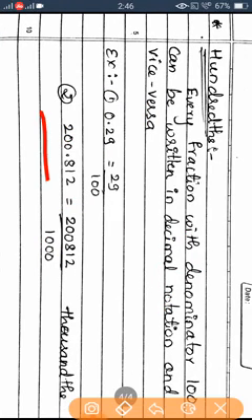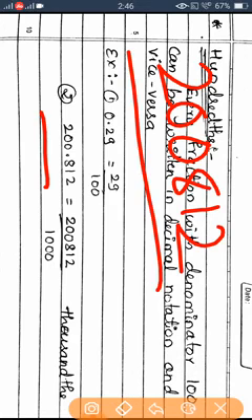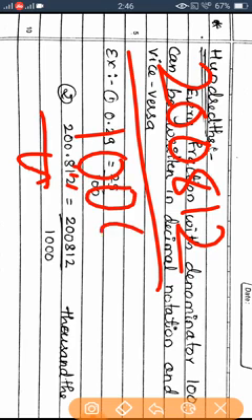If it is thousandths, see here, 200.812 is there. Directly 200812, without the decimal. Now you count after the decimal how many digits are there. 1, 2, 3. 3 digits are there, means we keep 3 zeros.